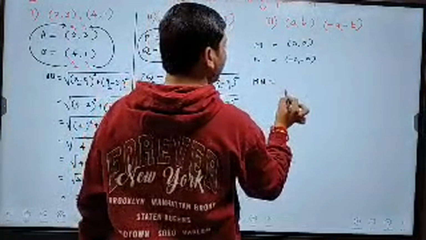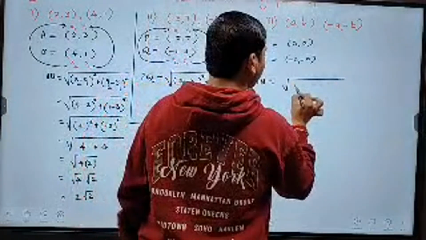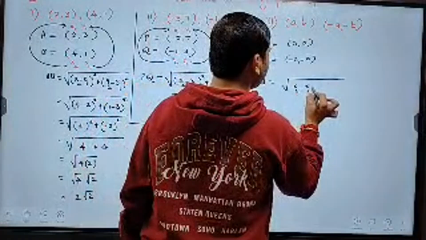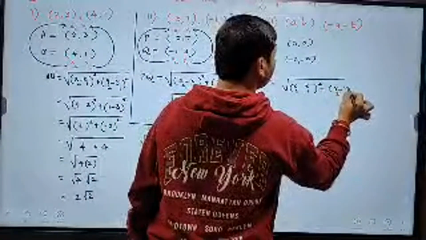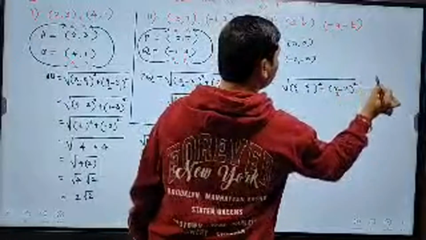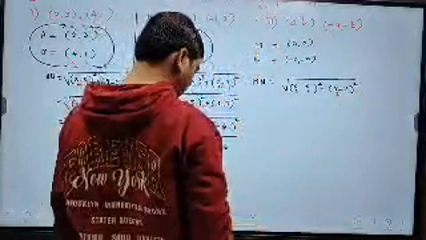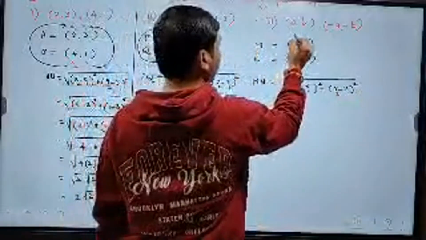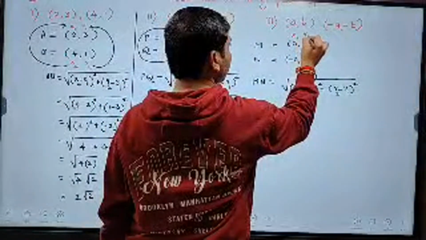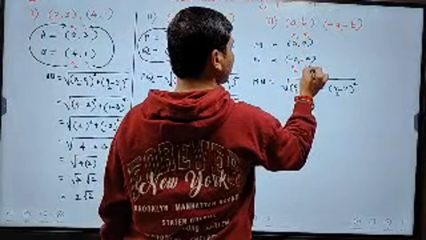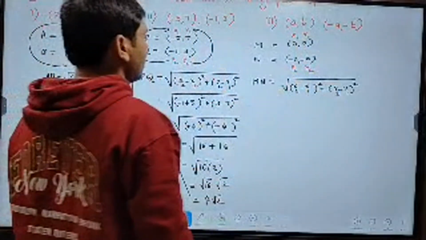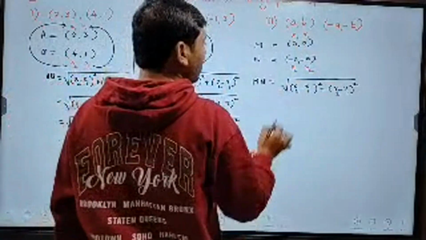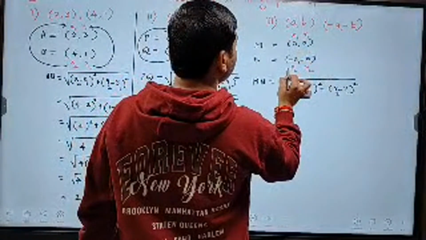MN is equal to the formula under root x2 minus x1 whole square plus y2 minus y1 whole square. What are x2, x1, y2, y1? Replace x1, y1 with the values a comma b, and replace x2, y2 with the values minus a, minus b. Now replace x2 and x1 values.